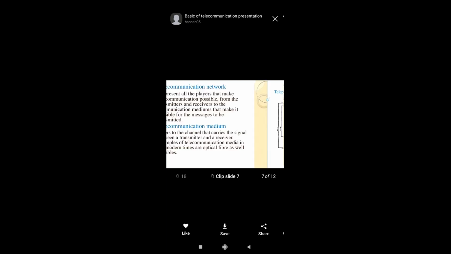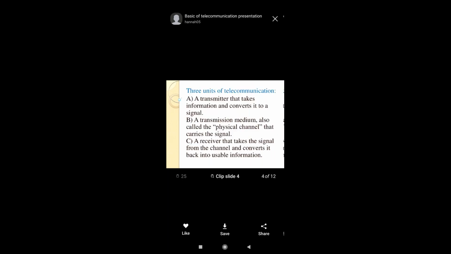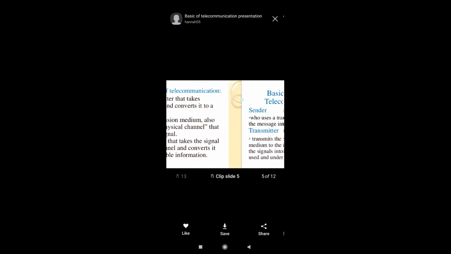And in between, you have the transmission medium. And at the other end, you have the receiver. So this is a typical drawing of how a telephone system is.